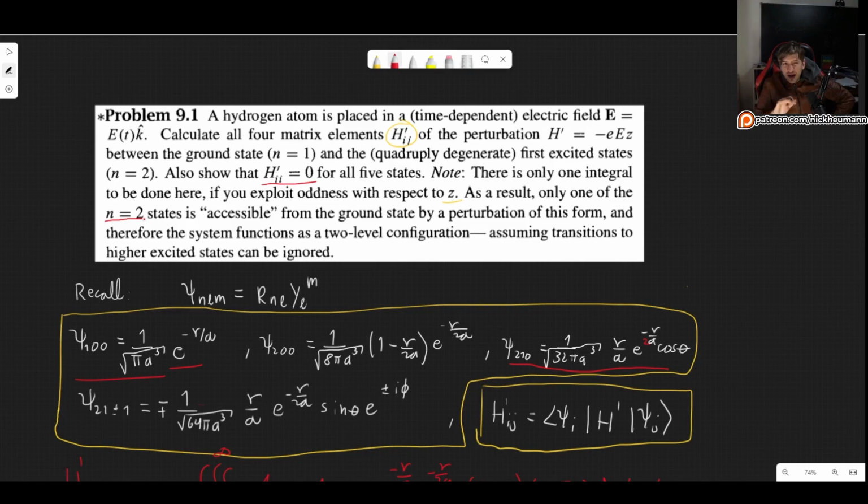We will soon see what this means, but for now we will just leave it mathematically. So if you have something in the ground state, you can only, by using this perturbation, take it to state 2, 1, 0. The other ones are not possible. There could be higher excited state possibilities, and you could do the same procedure for them, but in this case we didn't have to take them into account.